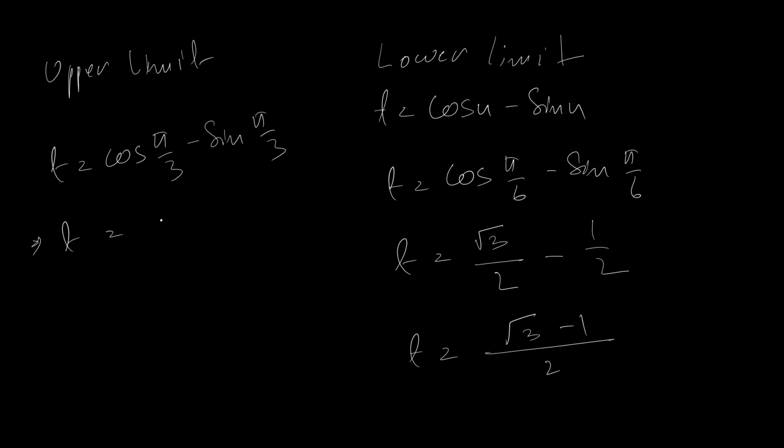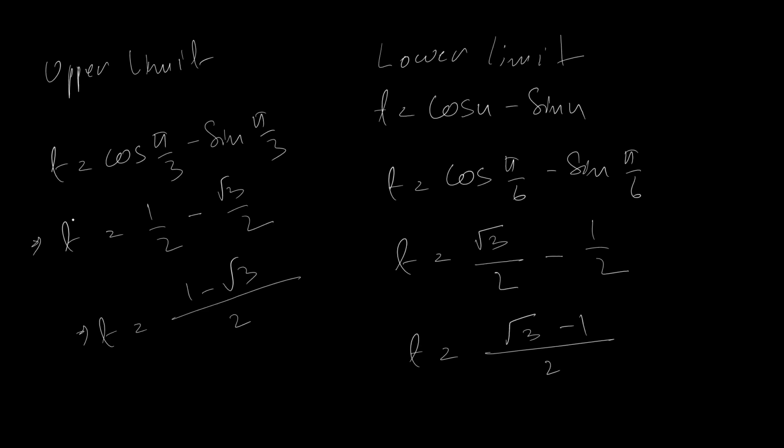So t = cos(π/3) − sin(π/3). Cos(π/3) is 1/2 minus sin(π/3), which is √3/2. So t = (1 − √3)/2.